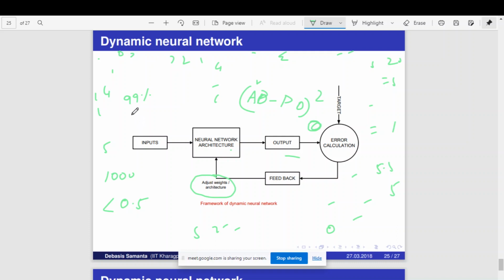That will happen with humans. Why? Because there are outliers, right? This type of problem is also like that. So we cannot expect that it should always give 100% result. That may not happen. So this is the whole idea of the dynamic neural network.